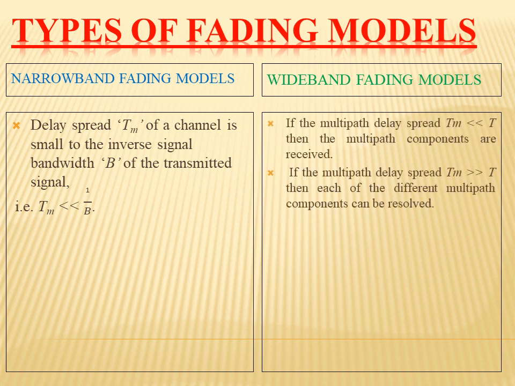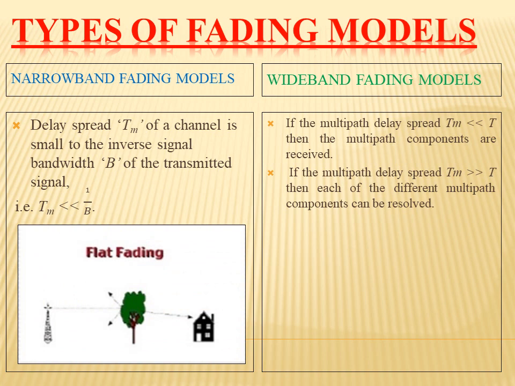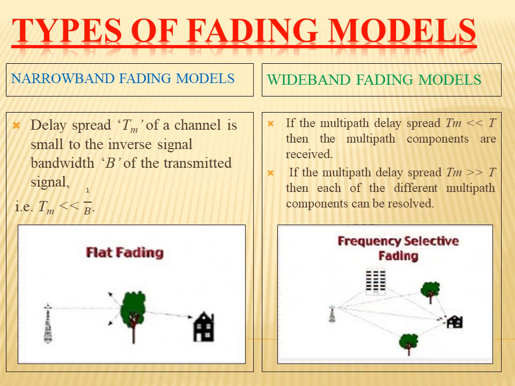In the wideband fading model, the multipath delay spread is greater than the inverse signal bandwidth, so the different multipath components can be resolved. The narrowband fading model is just defined as flat fading, and the wideband fading model is just defined as frequency selective fading.